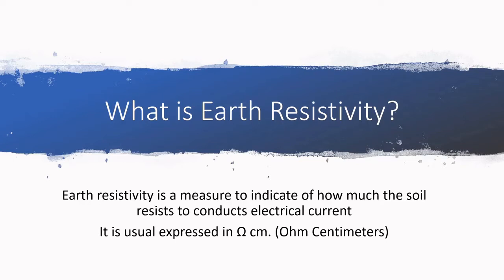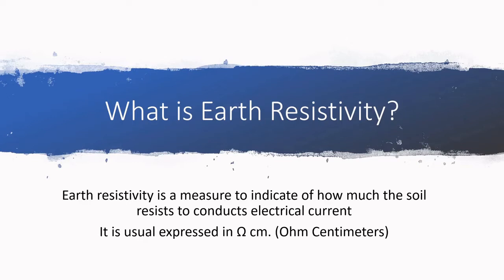First of all, we are going to know what is earth resistivity. So the expression is given in the lecture slide. As you can see, earth resistivity is a measure we take to indicate how much our soil will resist to conduct an electrical current. So when it comes to electrical engineering, this earth resistivity value is very important because I think you all know, as we discussed in the earthing systems lecture, Sri Lanka uses the TT earthing system, which has a ground return.